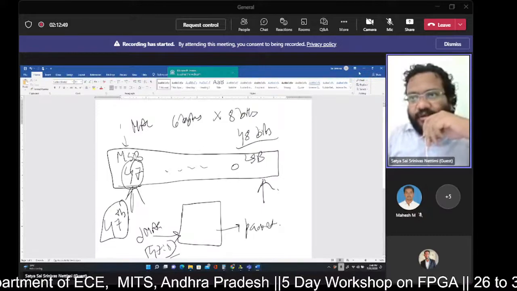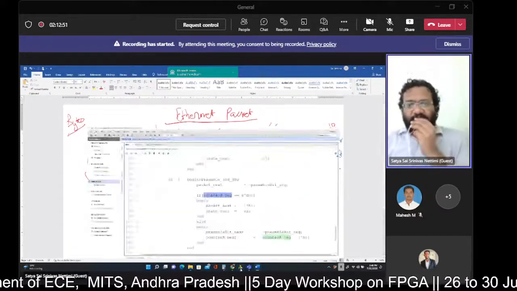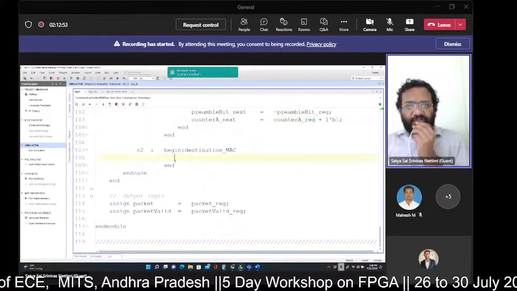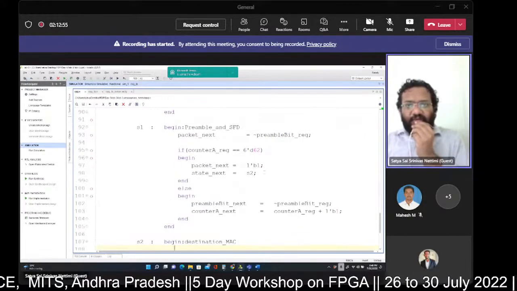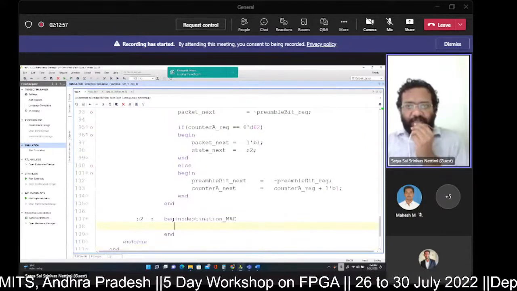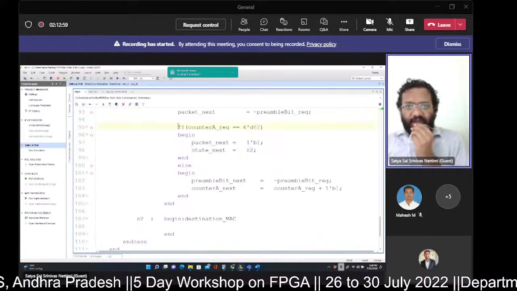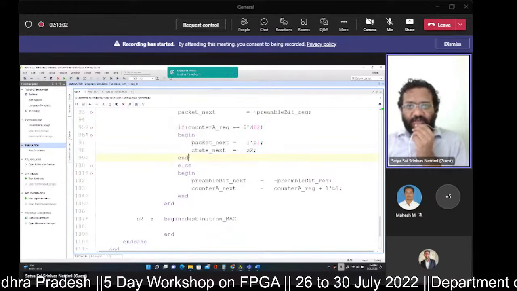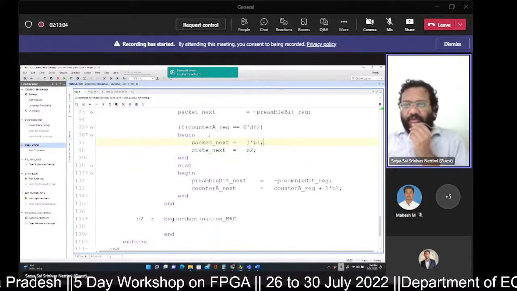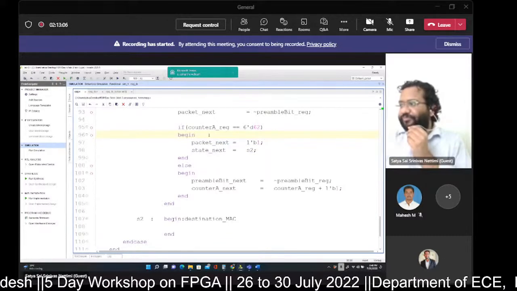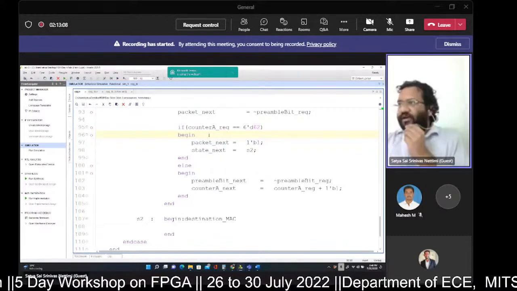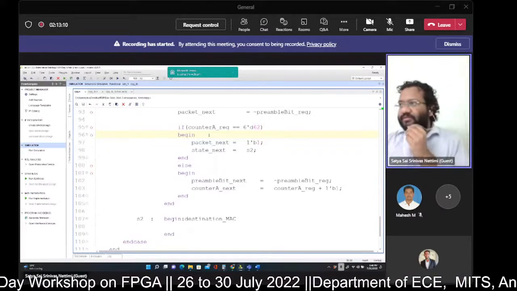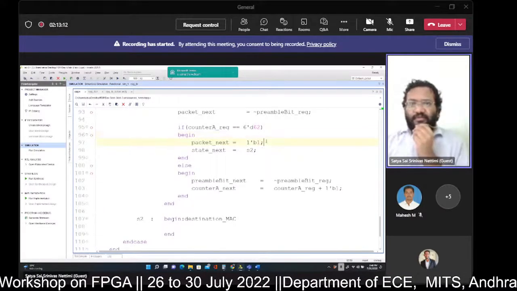So before jumping to the S2 state, where I have written the jumping condition in this if block statement, I want to reuse the counter.